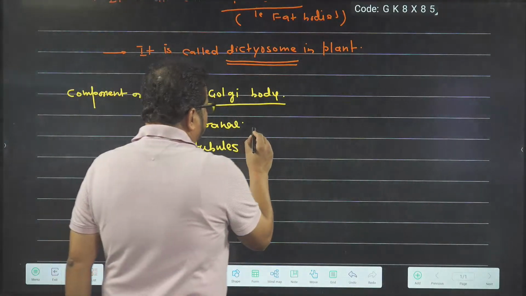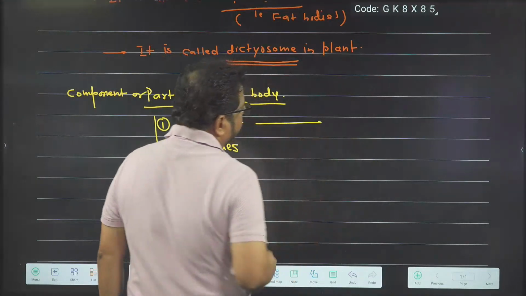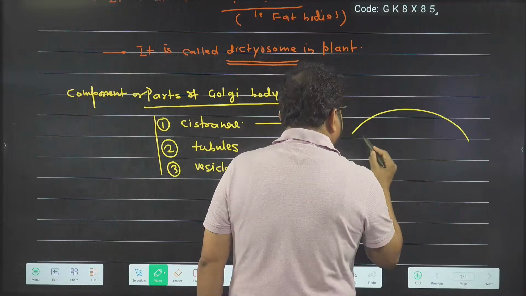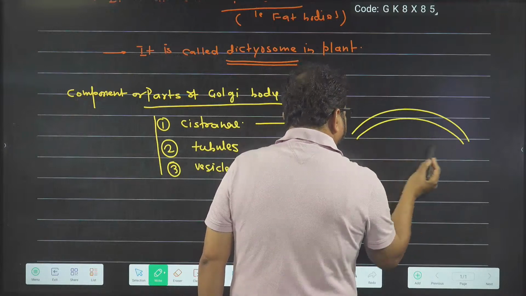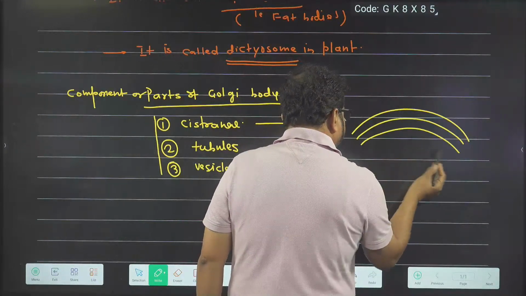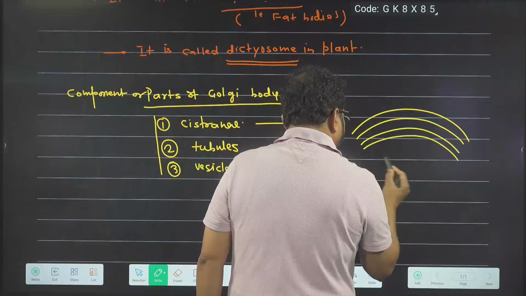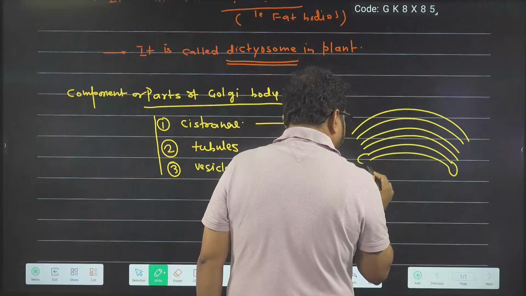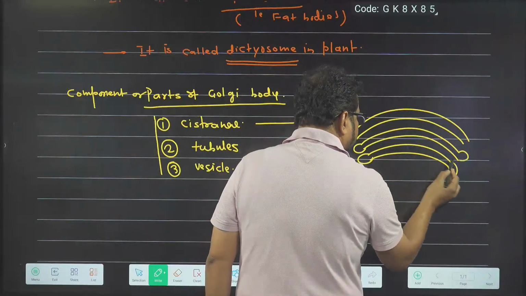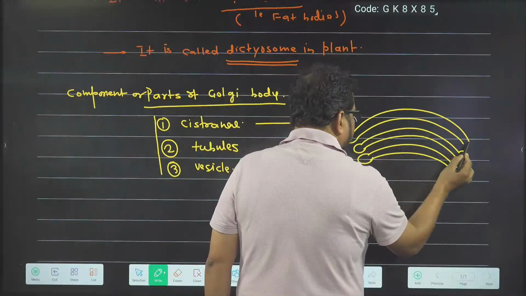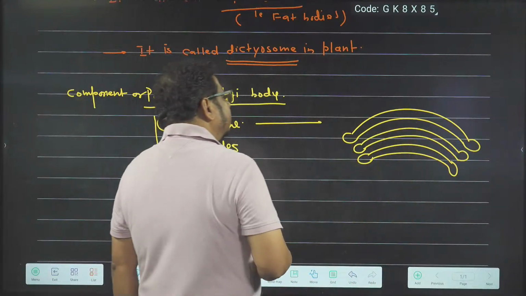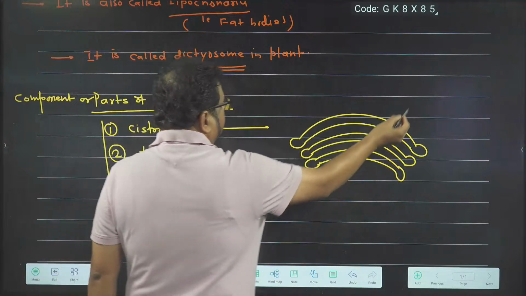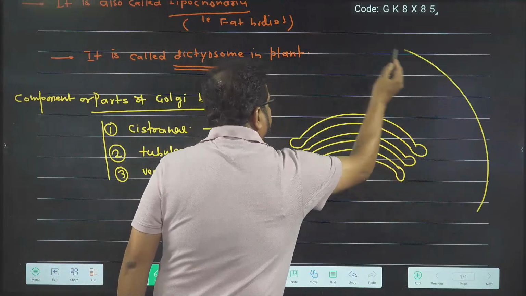If we talk about cisternae, it appears somewhat like this. It is concentrically arranged. I am telling you with a diagram so you will understand better. Suppose this is a cell.